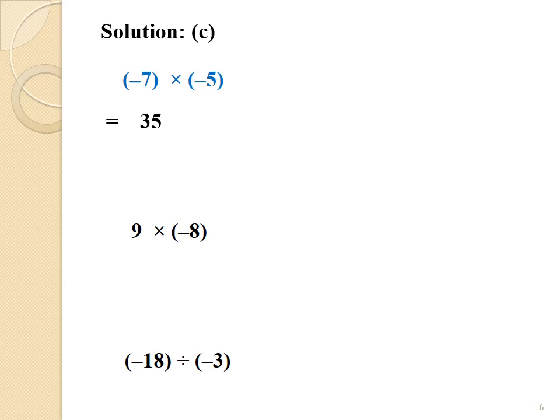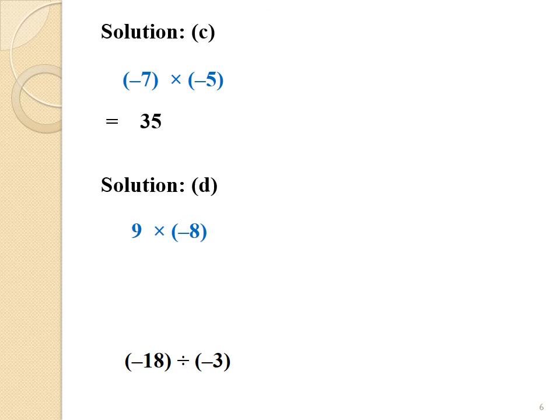Now, sum D. 9 into minus 8. Multiplying 9 by 8 as whole numbers by ignoring the minus sign, we get 72, and placing a minus sign before the product 72 as one integer is positive and one integer is negative.